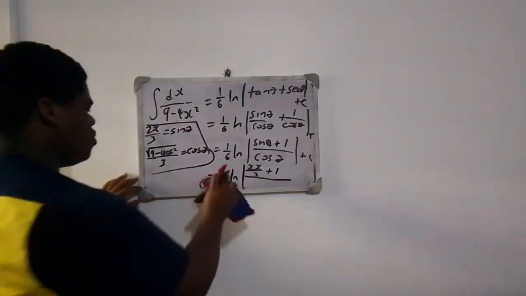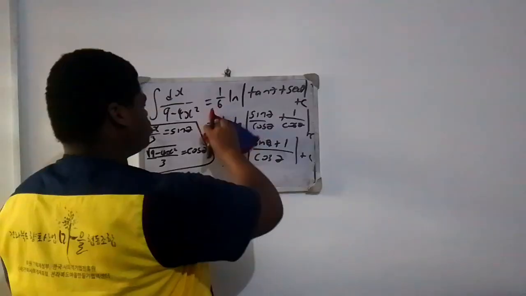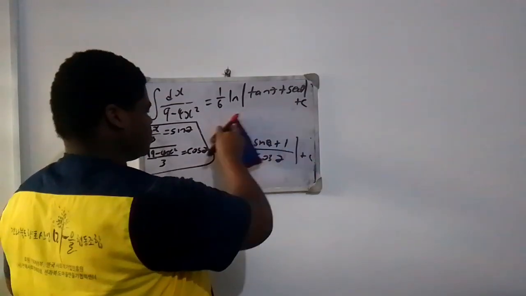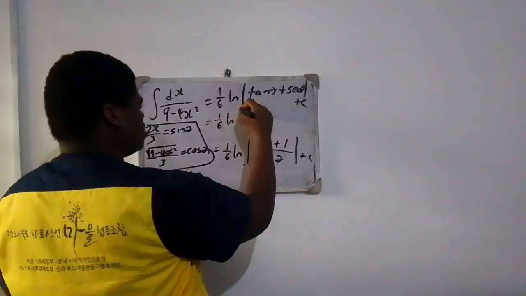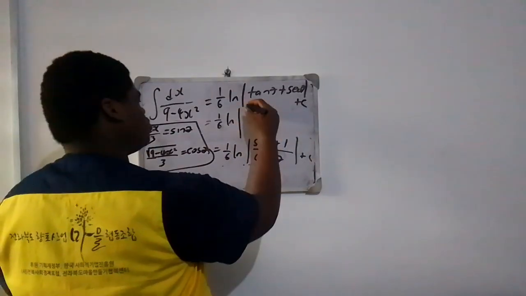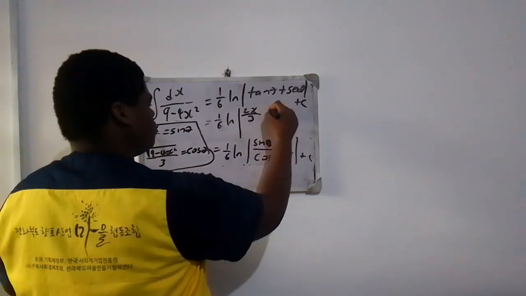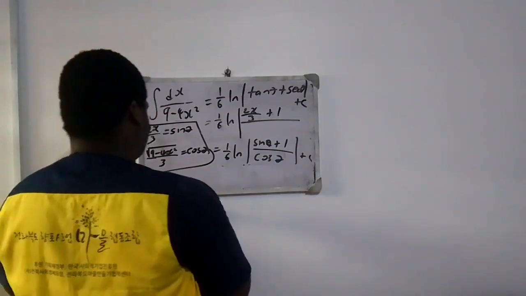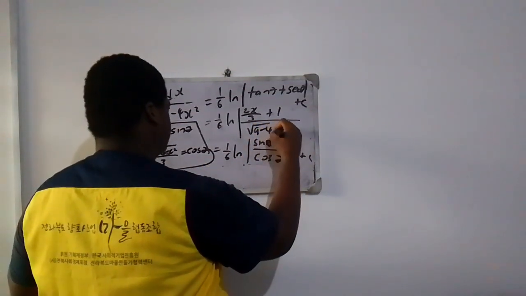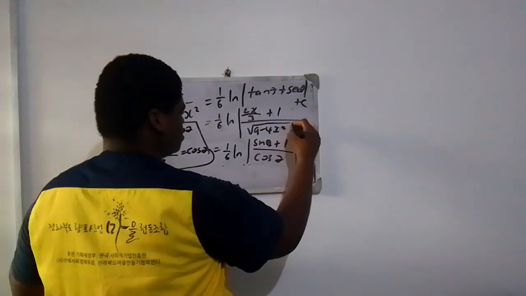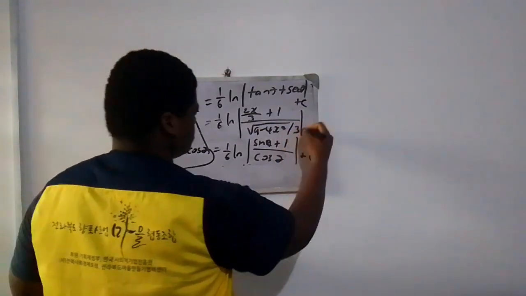Okay, it's actually very long to write this, so I'm not going to clean this here and write it up here. Okay, so this is equal to 1 over 6 times the natural log of the absolute value of 2x over 3 plus 1, all divided by cos theta. Cos theta is equal to the square root of 9 minus 4x squared divided by 3 plus c.